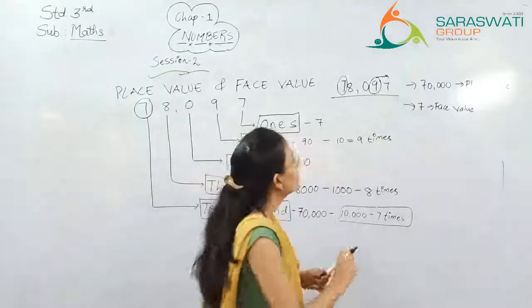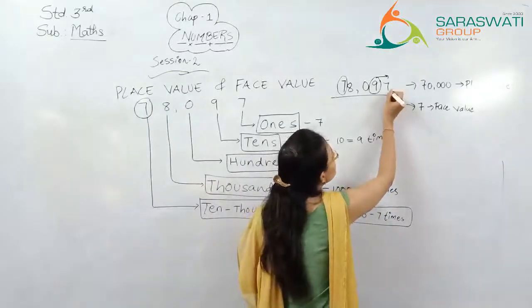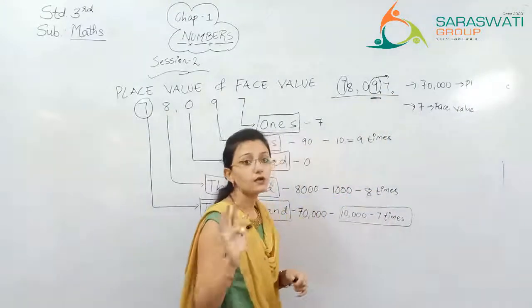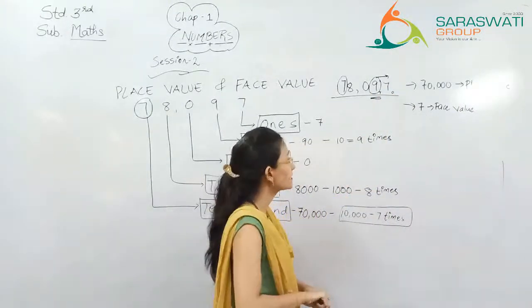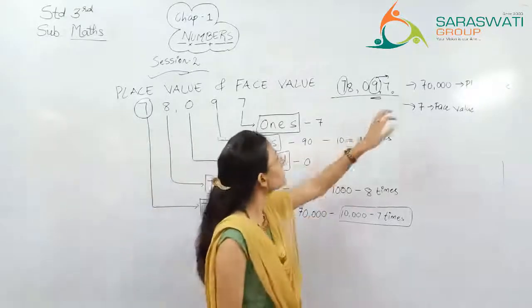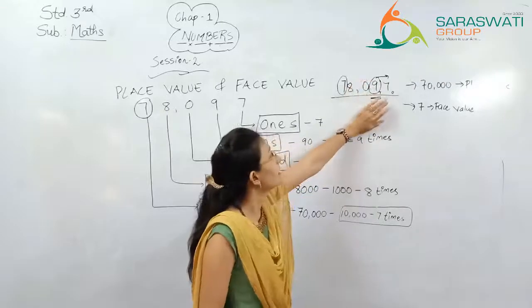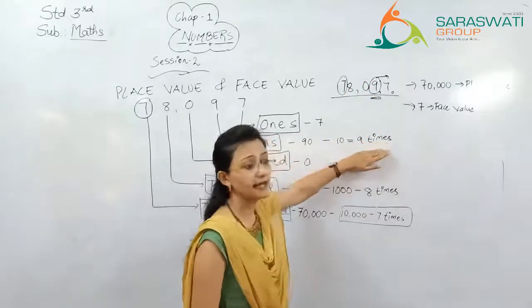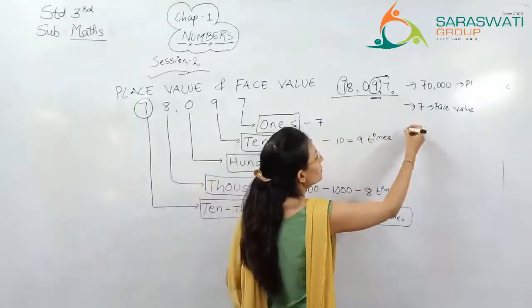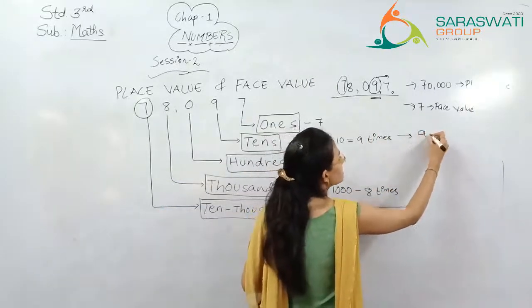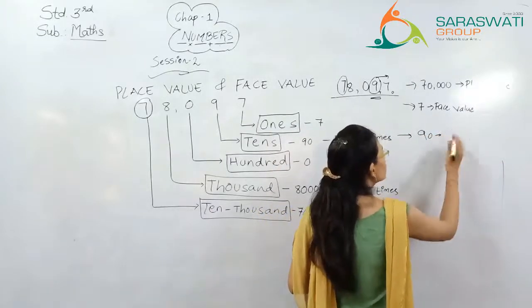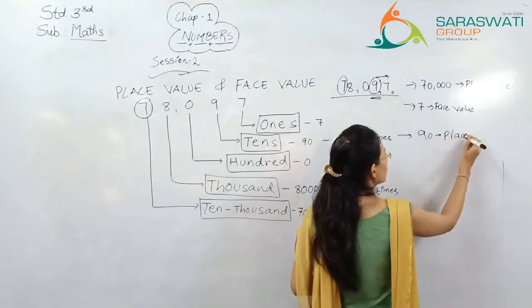Here it is ones, then here it is tens. The place value of 9 is tens, which means 10 repeated 9 times. So we will write 90 as the place value.